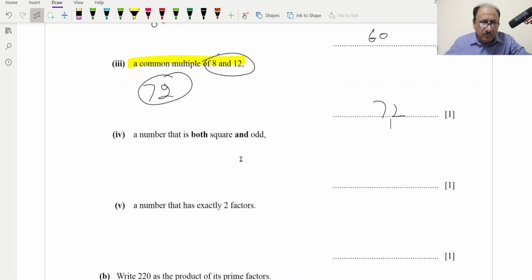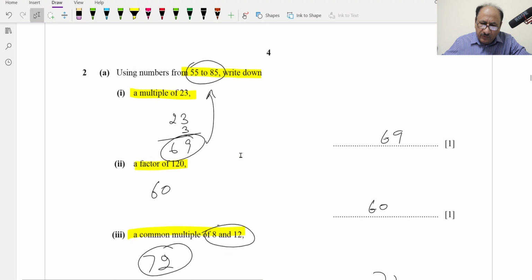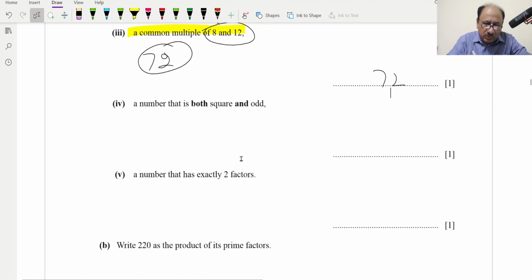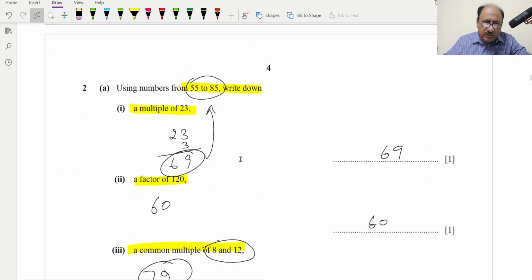Square and odd number we have to write. It is basically a square number and an odd number in between 55 and 85, so 81 is a square number and an odd number also, so we can write the answer as 81. It should be in between 55 and 85 as well, so we have to be careful about this.